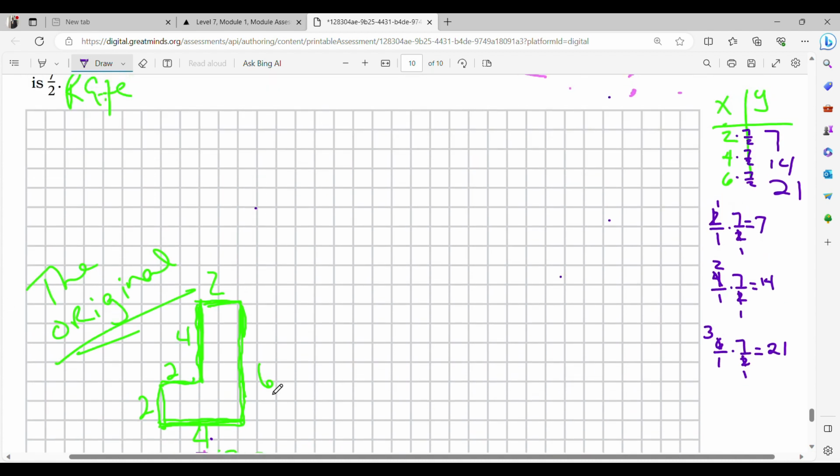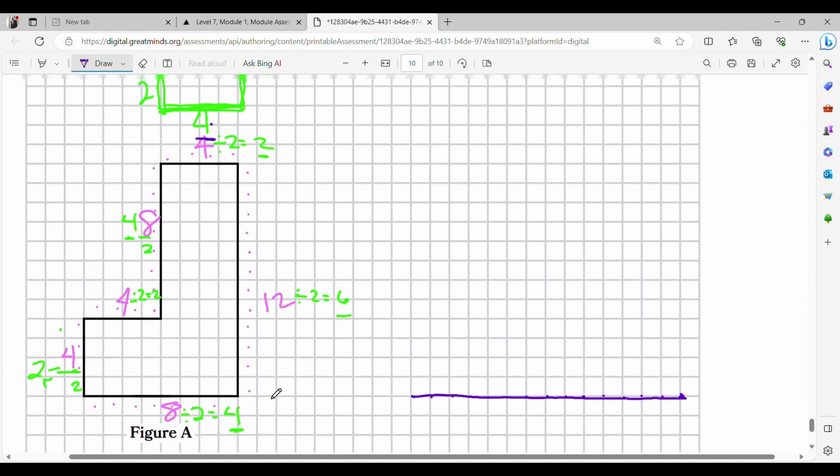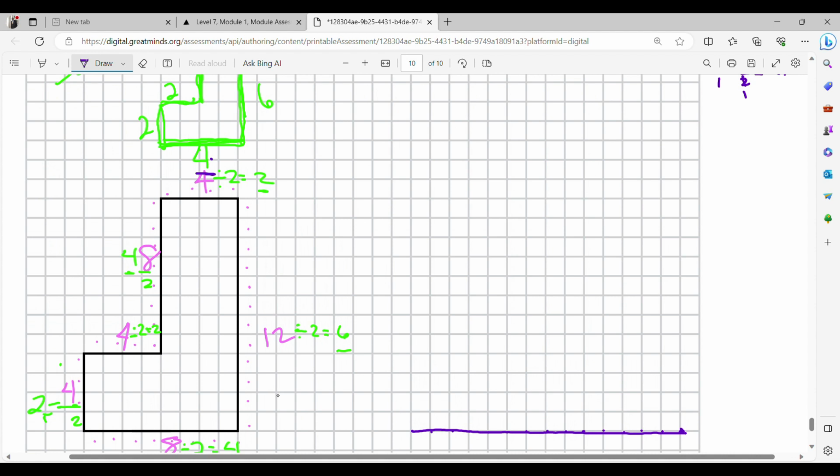Okay. What was 6? 6 was 21, so 21 up. Let's do it. I'm starting from right here.